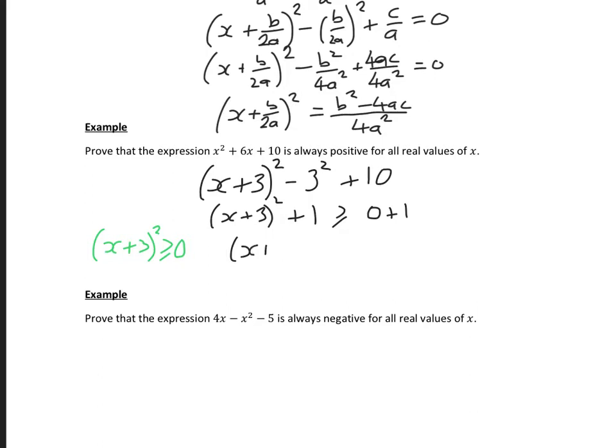So x plus 3 squared plus 1 is always bigger than or equal to 1. And you might remember from GCSE, when you complete the square, it helps you work out the minimum. So we would say the minimum is 1. So therefore, if it's bigger than or equal to 1, then it's always bigger than 0. So therefore, it's always positive. Yeah, done.